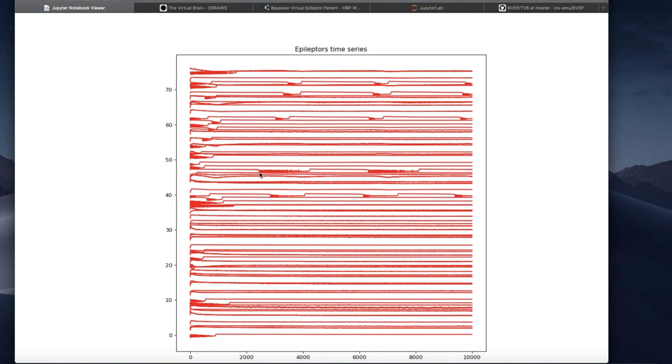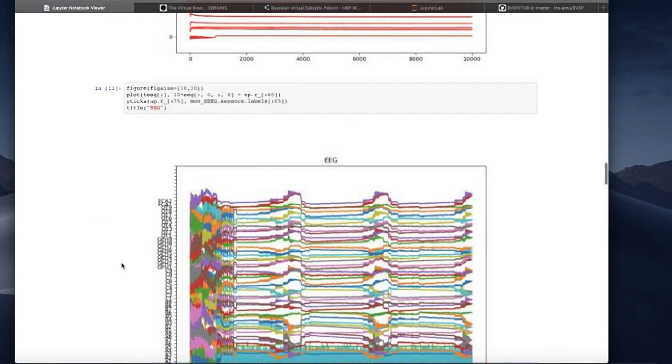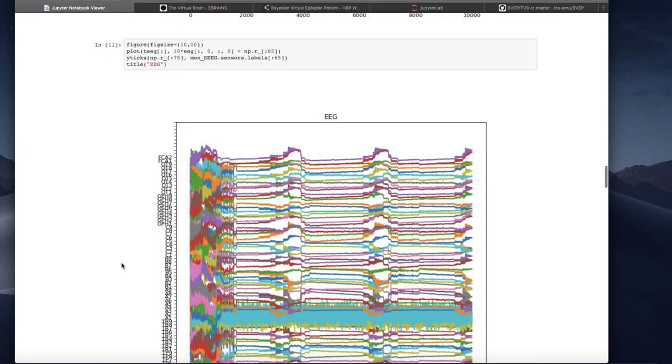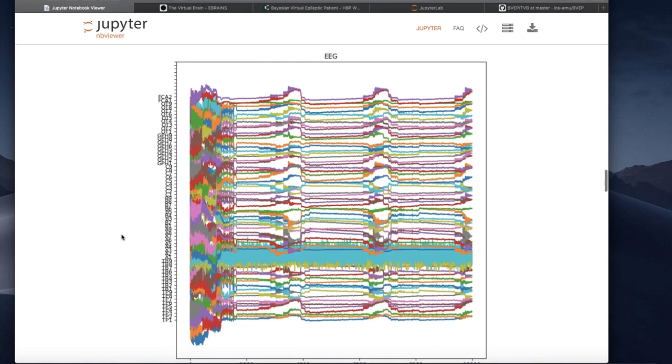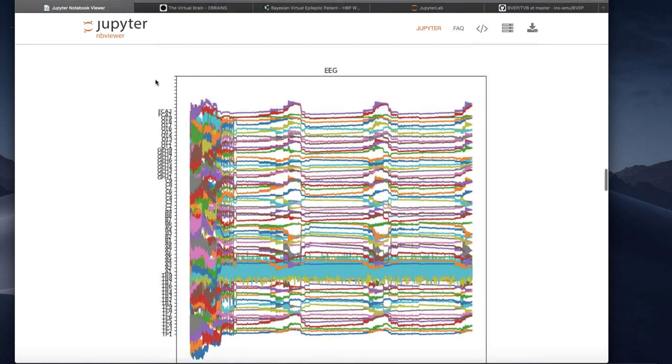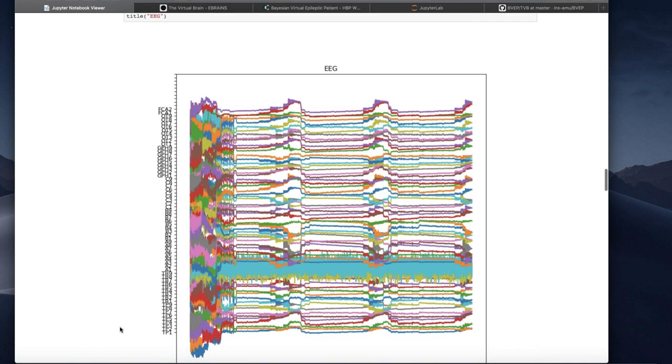And you can observe the regions we have defined above that are more excitable than the others, and you see that they are triggering seizures. And here it is with the EEG monitor, now with all the sensors.